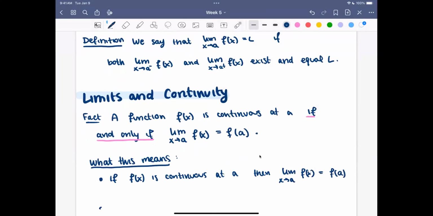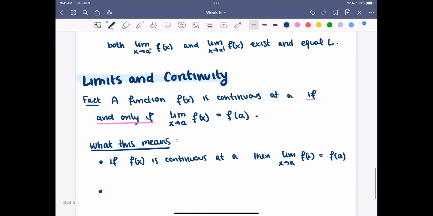That's one thing. Second thing, if the limit as x approaches a of f of x is the same thing as just plugging in a to f, then f is continuous at a.